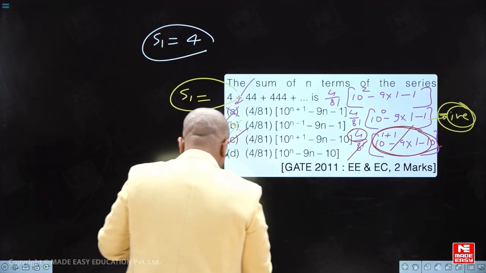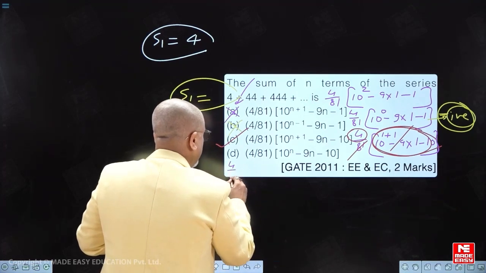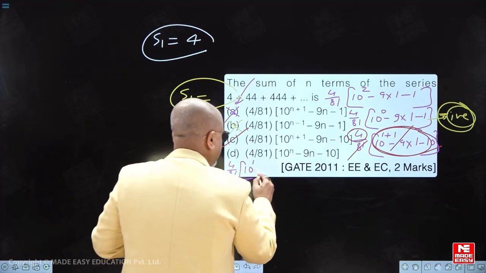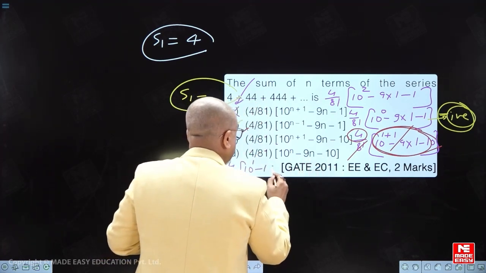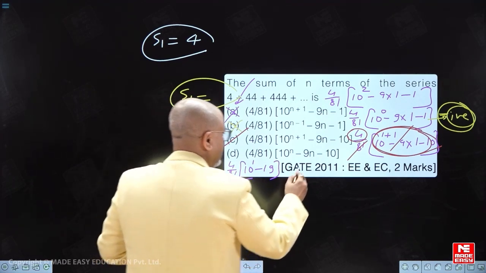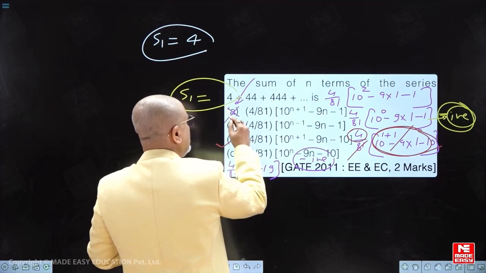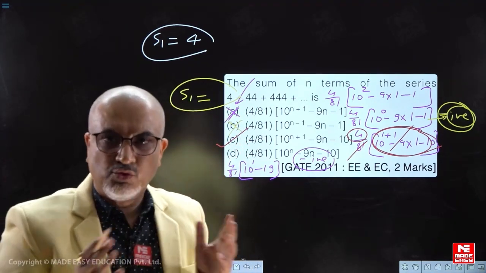Let's check option D as well. If I put in D 4 upon 81, 10 raised to the power, we have to put n equal to 1 everywhere, minus 9 into 1 minus 10. That will thoroughly come out to be negative again. So what is happening? Option A is not an integer value, ruled out. Option B is coming out to be negative, ruled out.